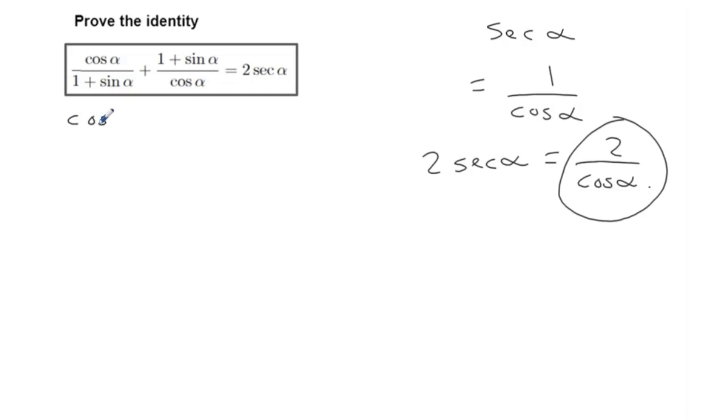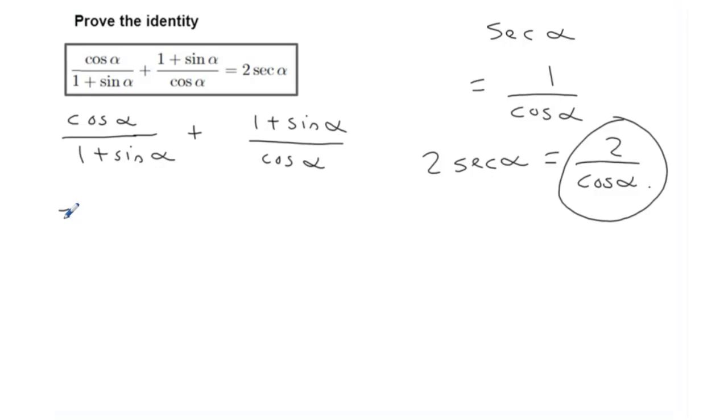Cos alpha over 1 plus sine alpha plus 1 plus sine alpha over cos alpha equals. Now we're going to add those fractions.